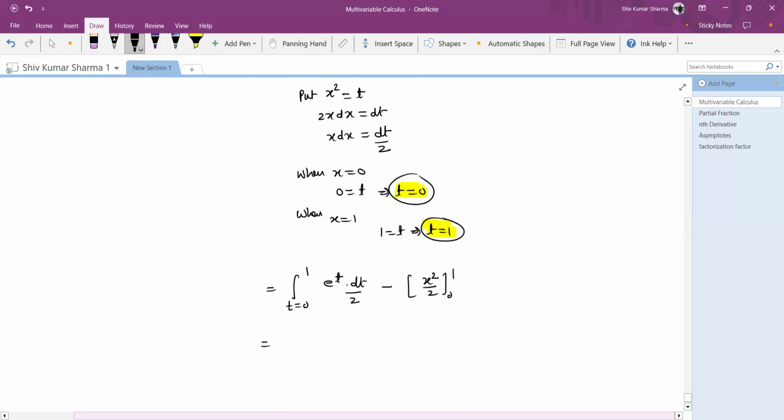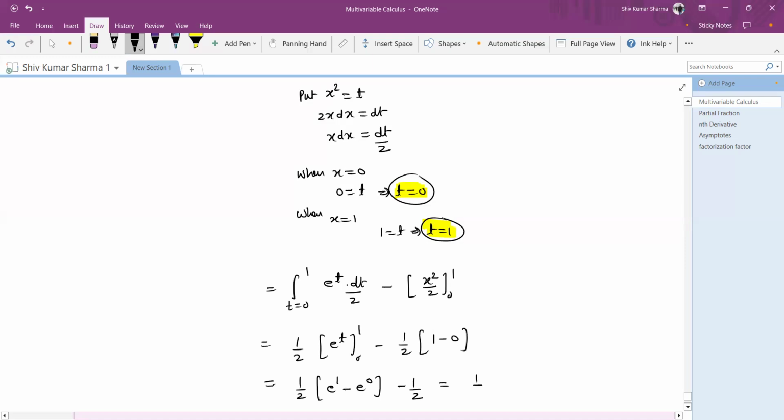So we take 1 upon 2 outside, and the integration of e raised to the power t is e raised to the power t from 0 to 1, minus 1 upon 2 taken outside, and when we apply the upper limit, 1 square is 1 minus 0. So this we can write as 1 by 2 into e raised to the power 1 minus e raised to the power 0, minus 1 by 2.